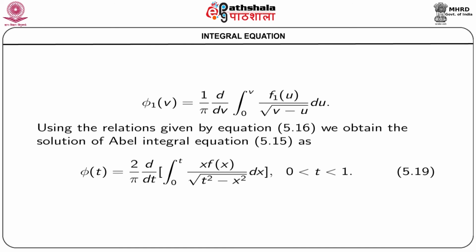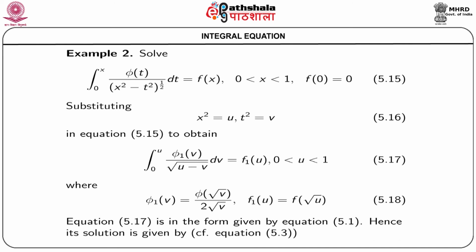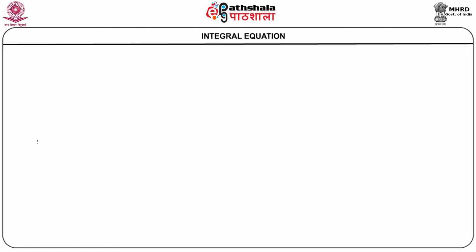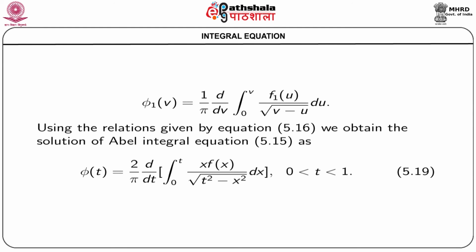So, we get back to the original function phi(y) through the relations 5.16 and 5.18 to obtain the solution of Abel integral equation 5.15 as given in equation 5.19.